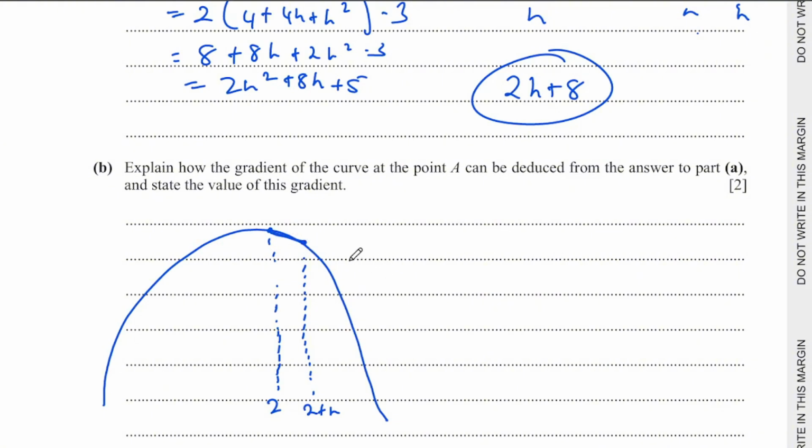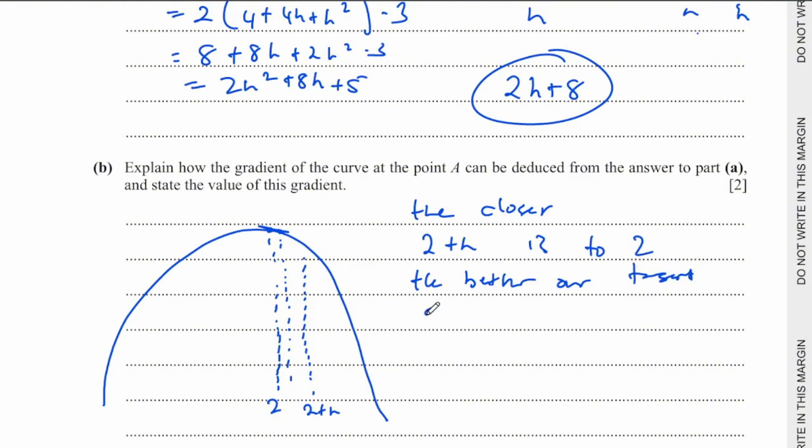Now this is not quite the tangent, but if h was smaller, maybe h was so small that 2 and 2 plus h are right next to each other, and we drew our chord, we're going to get something more like a tangent. And basically the closer 2 plus h is to 2, the better our tangent gradient would be.